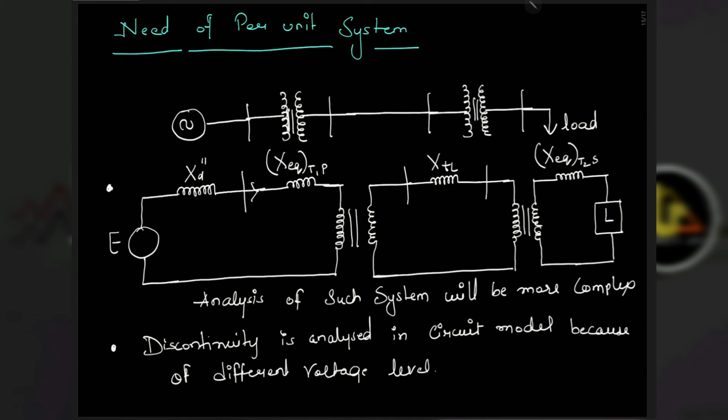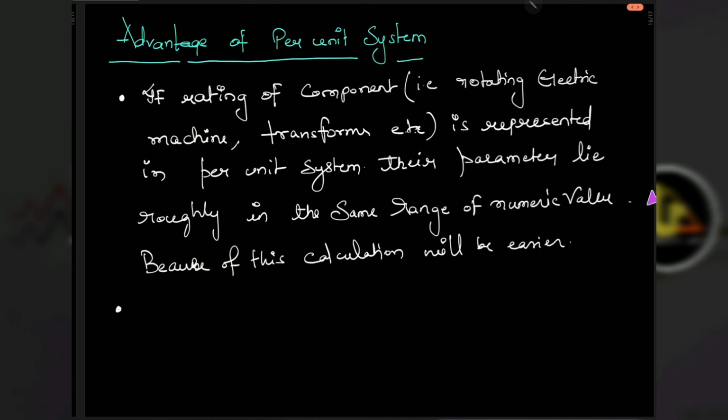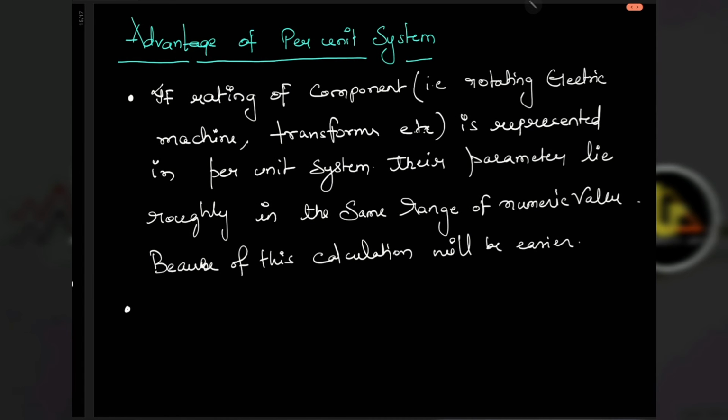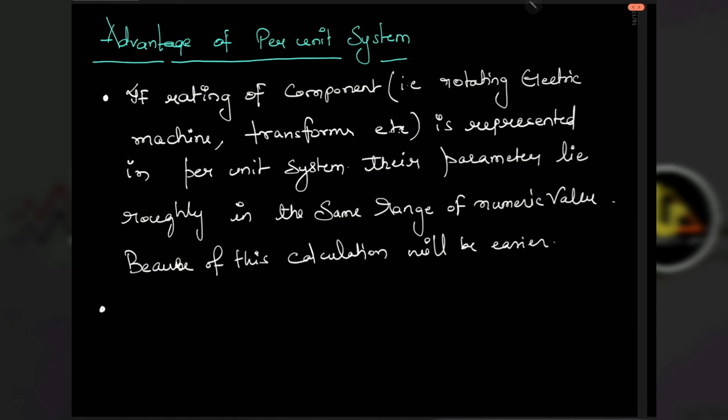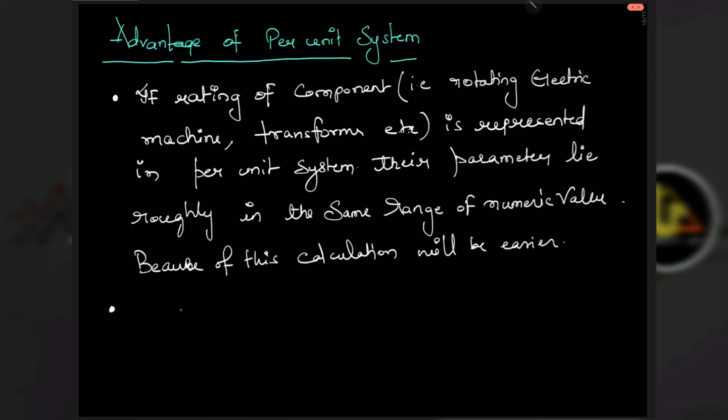So you cannot connect this circuit into a series circuit, but in the per unit system, the per unit impedance in the primary side is the same as the per unit impedance in the secondary side.